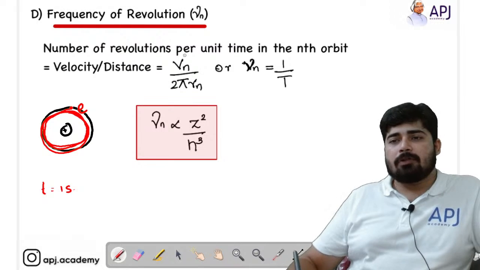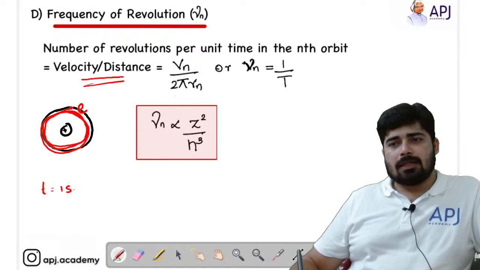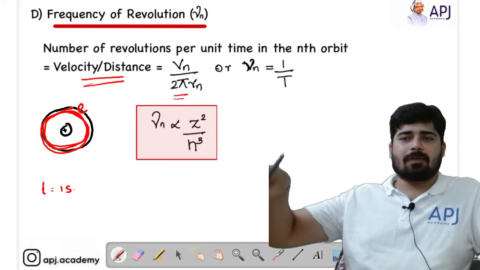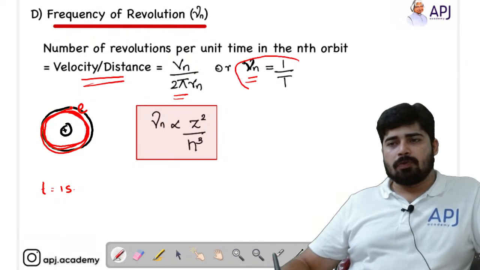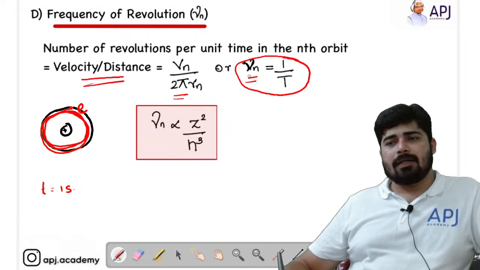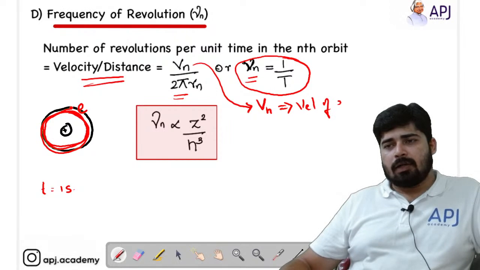So the number of revolutions per unit time in the nth orbit is equal to velocity by distance. So velocity divided by distance, and we know the circumference is 2 pi rn. So frequency is equal to 1 by t, or 1 by time period. This Vn is the velocity of the electron in the nth orbit.